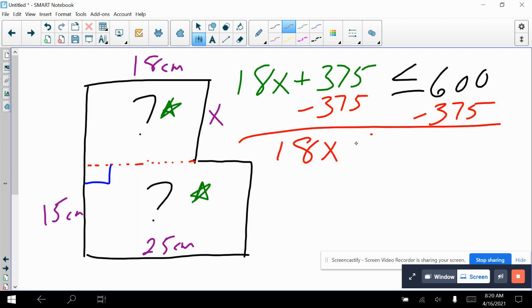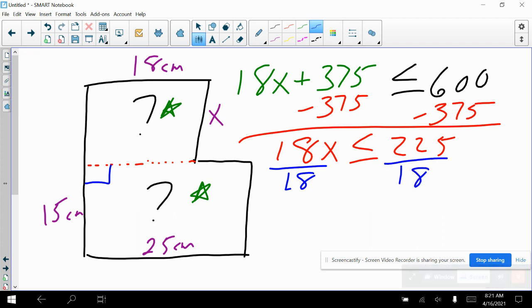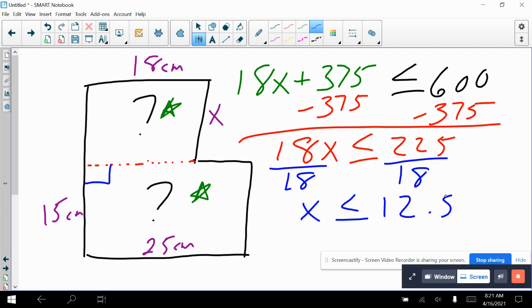We get 18x, and that would be 225. At this point, we have a multiplication equation, which means we need to divide by the, oh, Zach, what's the 18 called? There you go. Try not to fall asleep, please. X is less than or equal to, 18 goes in there, 12 and a half times.